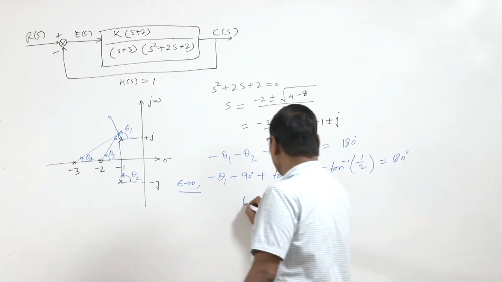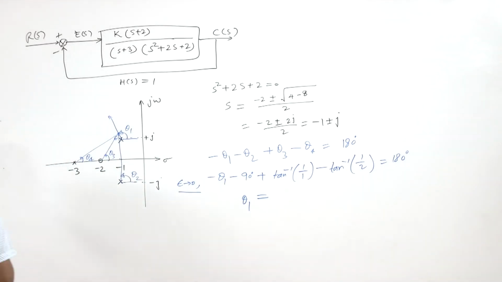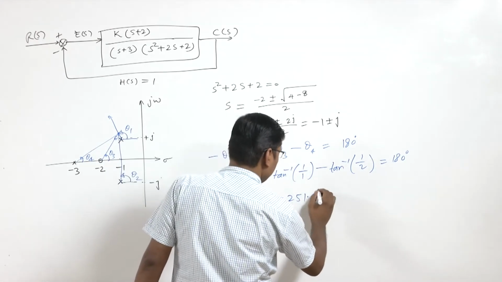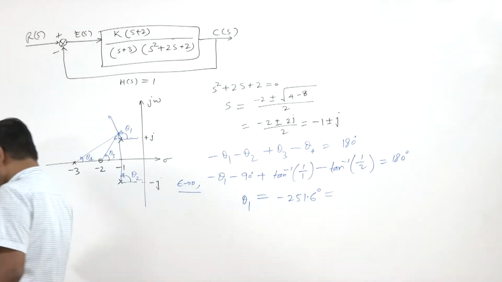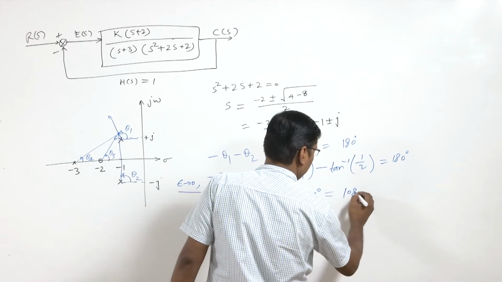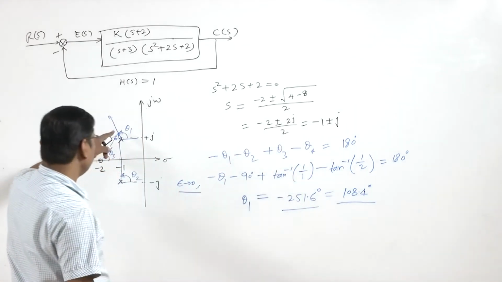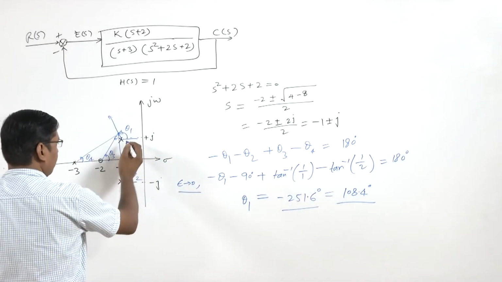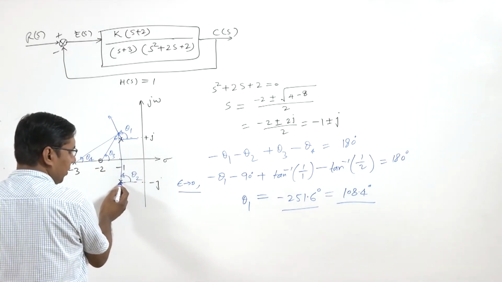So from here we can get theta 1, and theta 1 equals minus 251.6 degree, or if we add 360 we get 108.4. So we get one angle for this pole, and the other one follows because they are a complex pair.